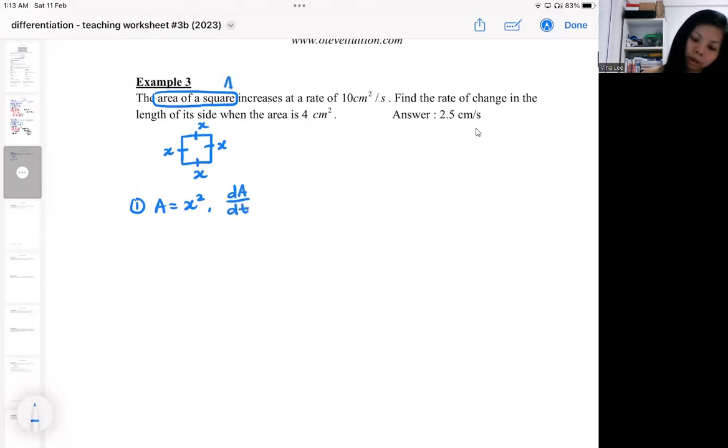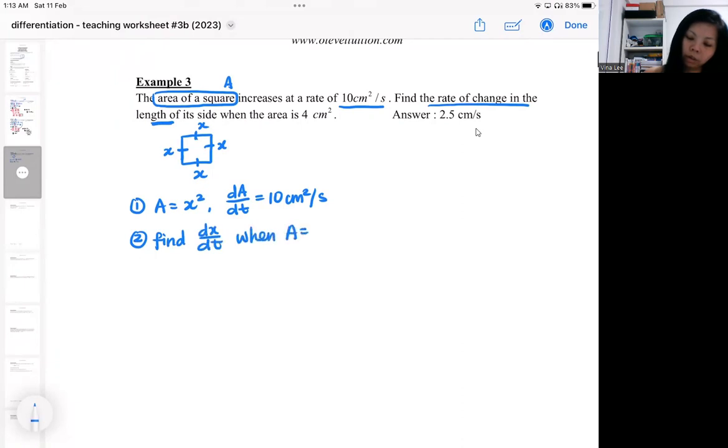So this is the area increasing at this rate, which will be 10 centimeters squared per second. And my job is to find the rate of change in the length. Length is x, so my job is to find dx/dt when the area is equal to 4.